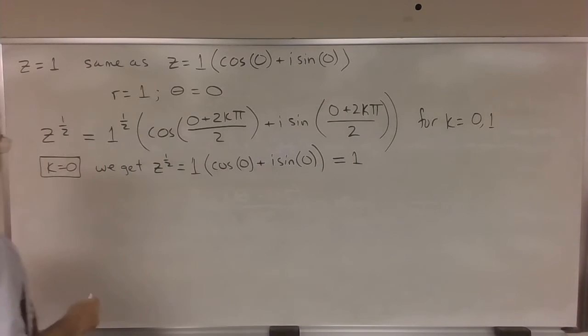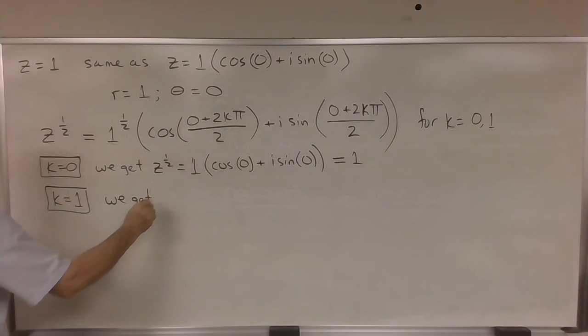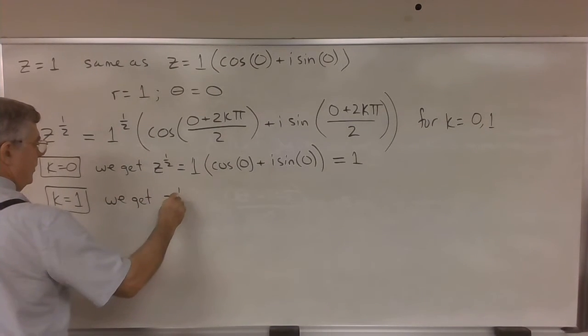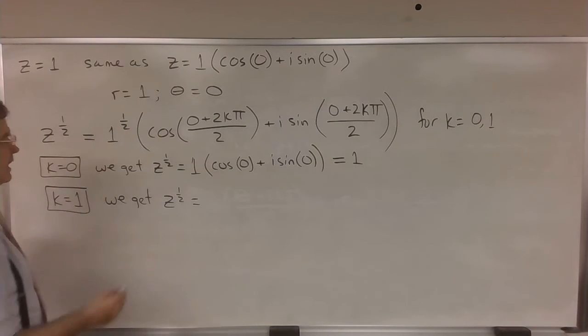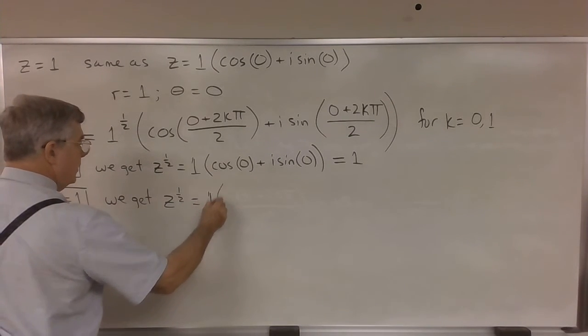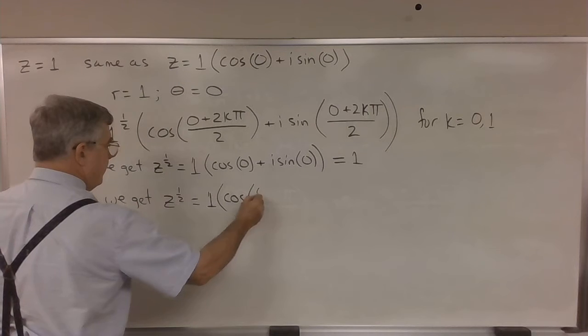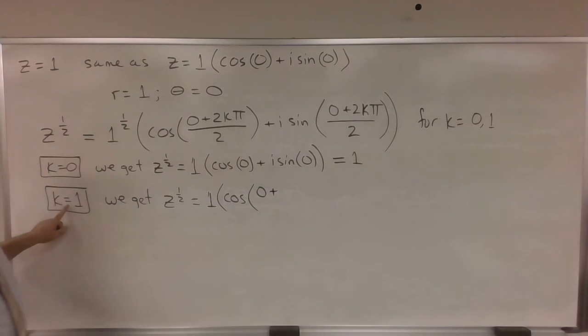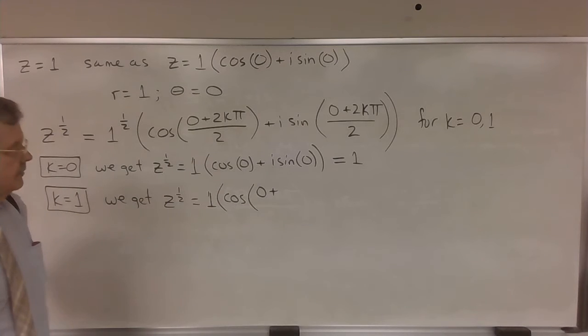But there's another root. Okay, we have r to the 1/2, or 1 to the 1/2, 1. Cosine of 0, this time k is 1. So we get 0 plus 2 pi over 2, or just, well, that's pi.